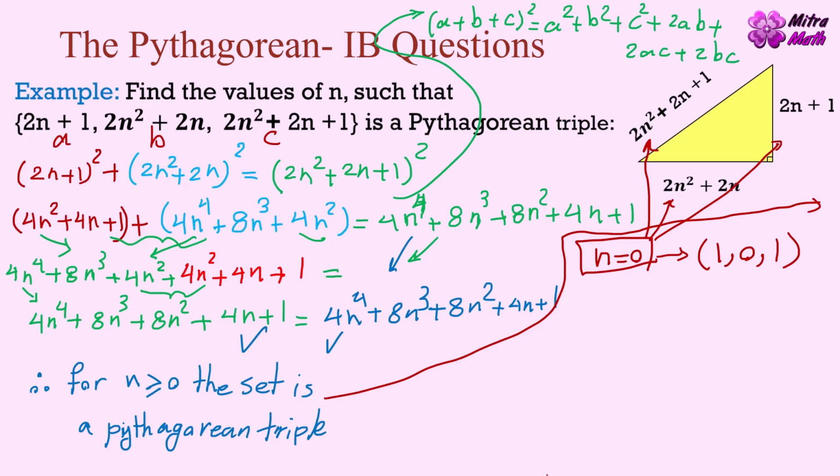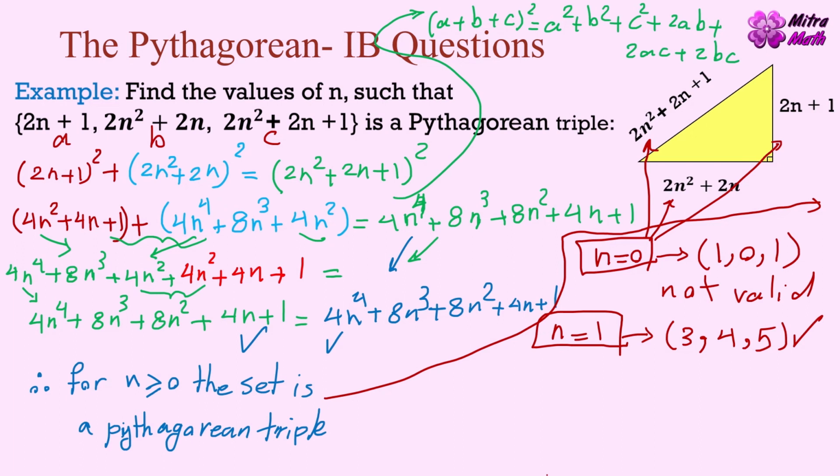So as a result, n equals 0 is not valid. How about 1? If n equals 1 and you substitute it into the side expressions, you will get 3, 4, and 5, which is correct. This satisfies the Pythagorean theorem formula, and they can be sides of a right angle triangle.